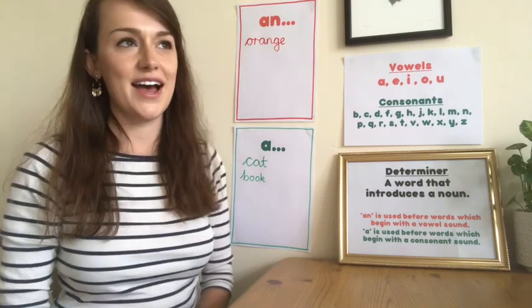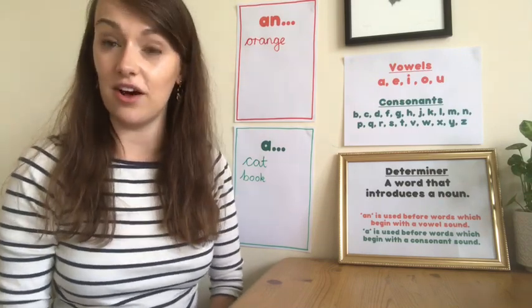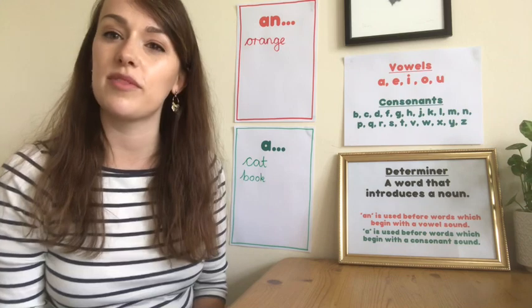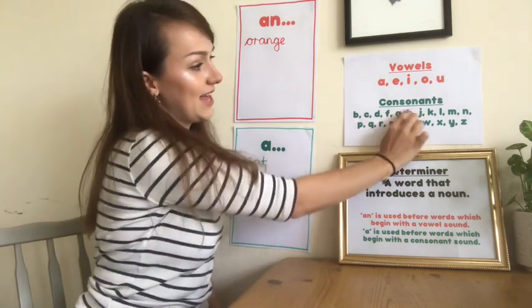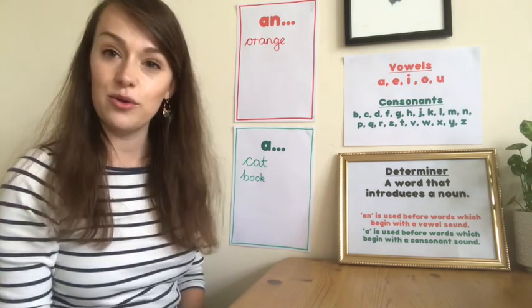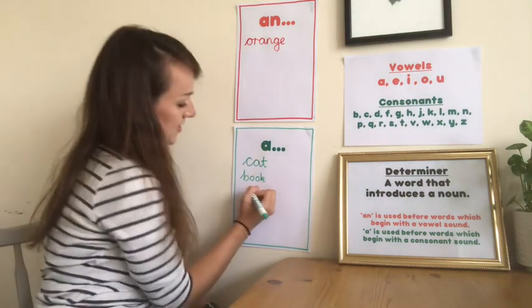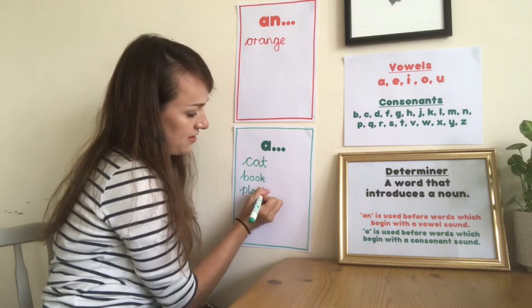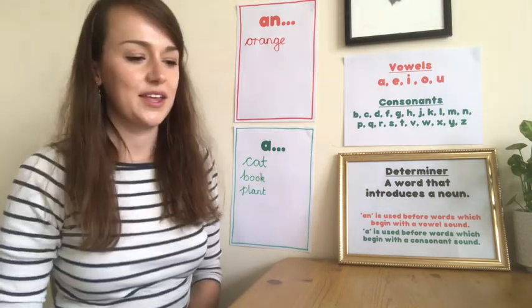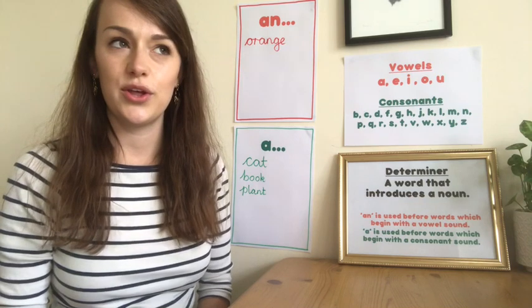Okay, let's go for plant. Plant begins with the sound p, p, p, p. P is a consonant. So a plant begins with the determiner a. Okay, we'll do umbrella.